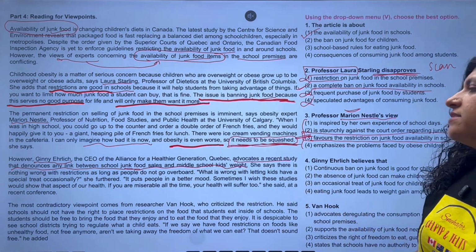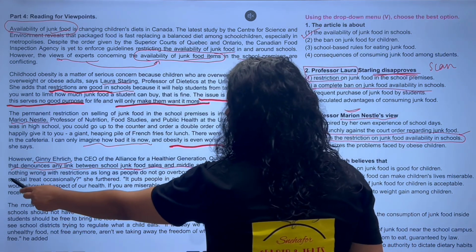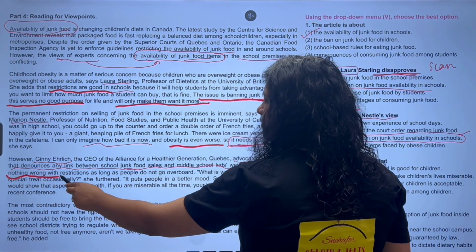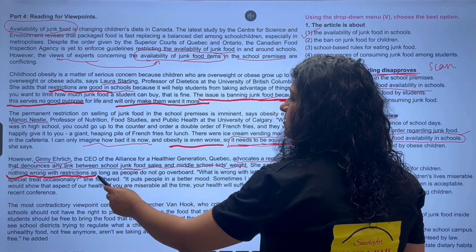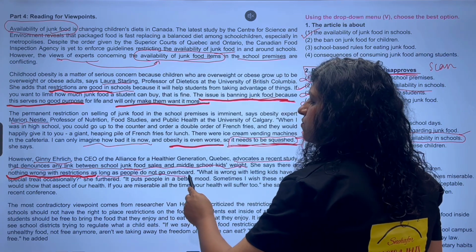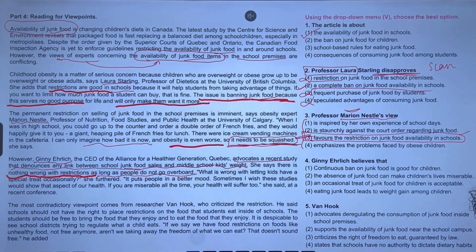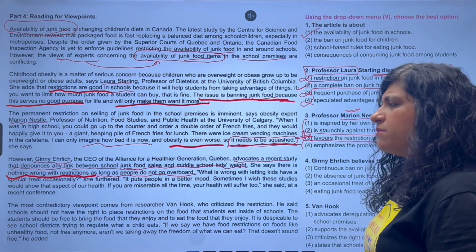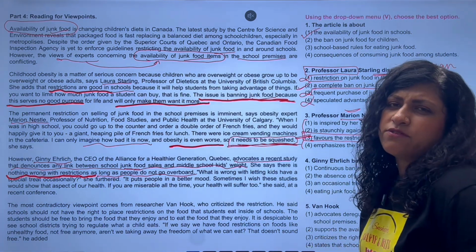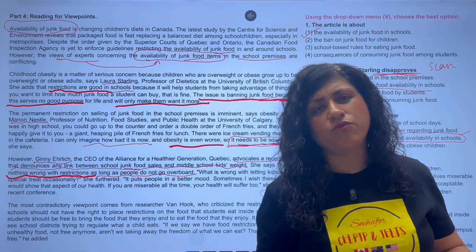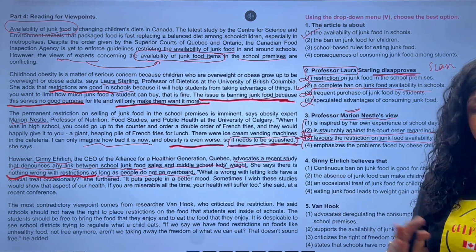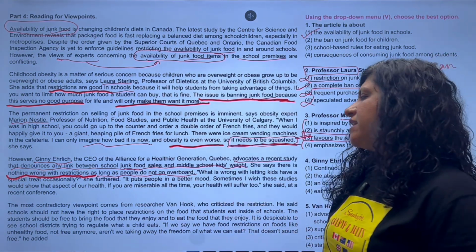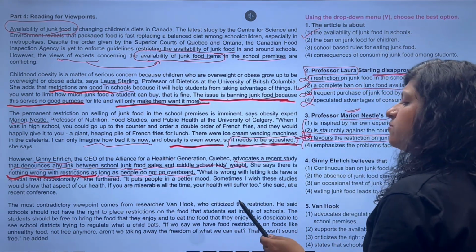She says there is nothing wrong with restriction, so she favors restriction as long as people do not go overboard. What is wrong with letting kids have a special treat occasionally, she furthered. That means there's nothing wrong if kids have junk food sometimes, occasionally. Then she says, it puts people in a better mood.